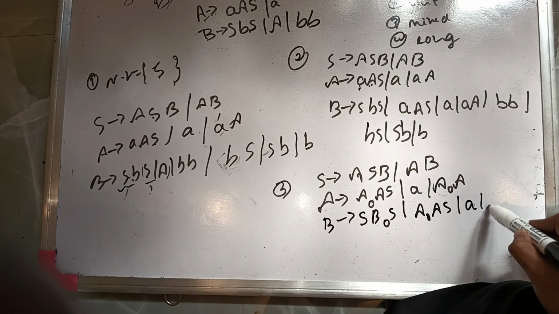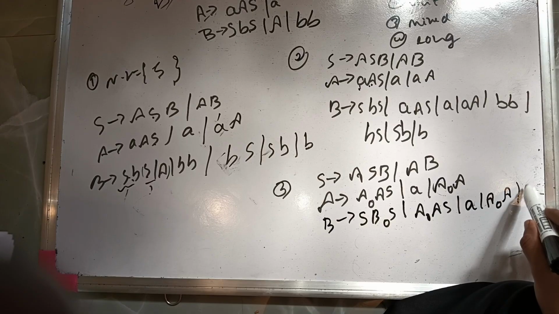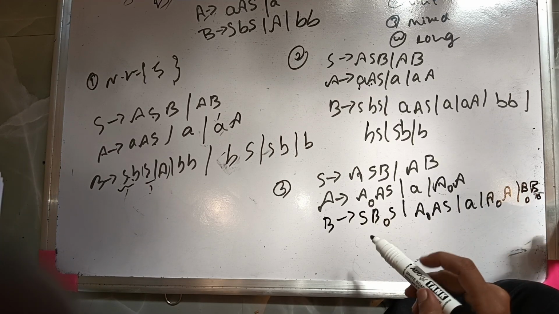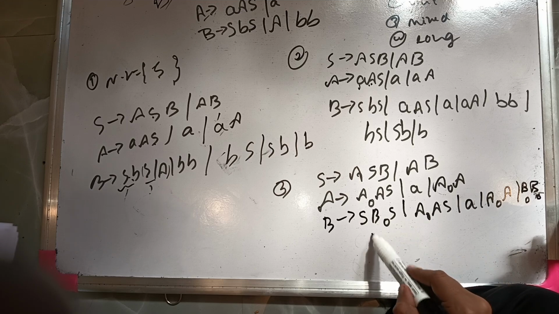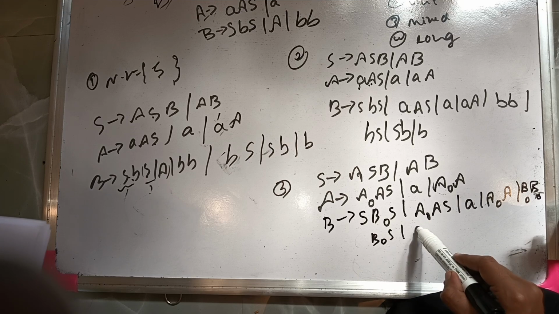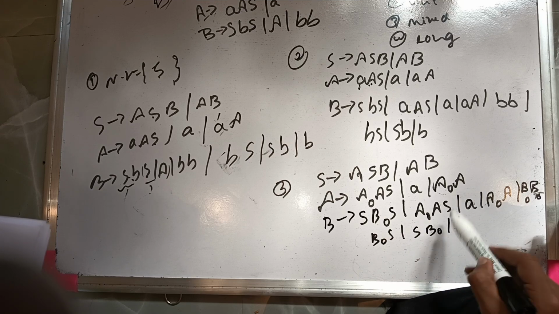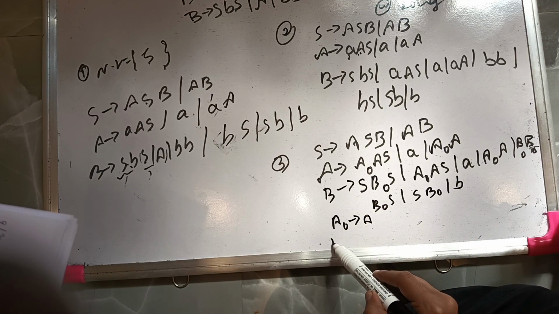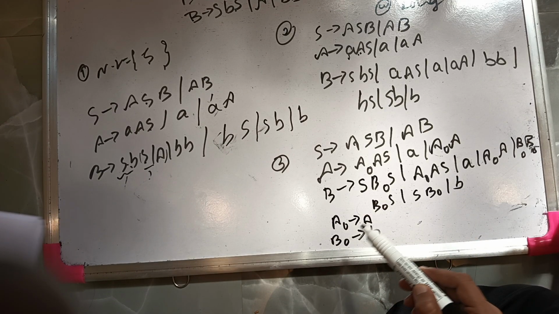Next one is A not A. Next here B not, so B not is SB not B. Okay. Next A not means A. Next B not means B.